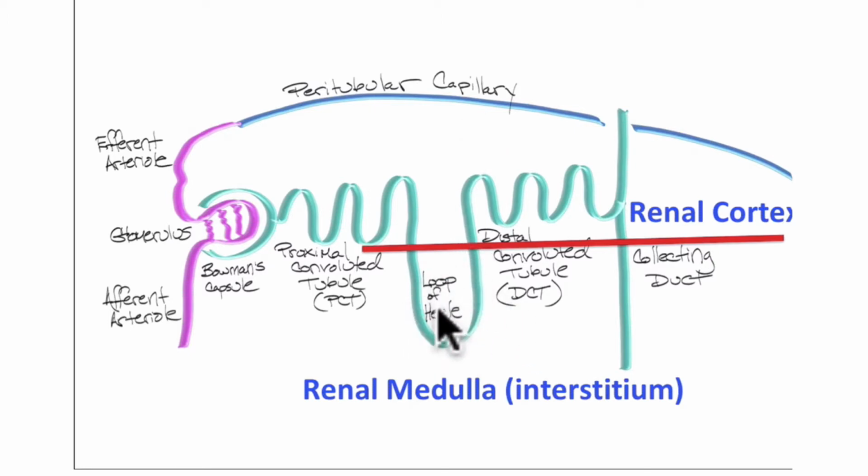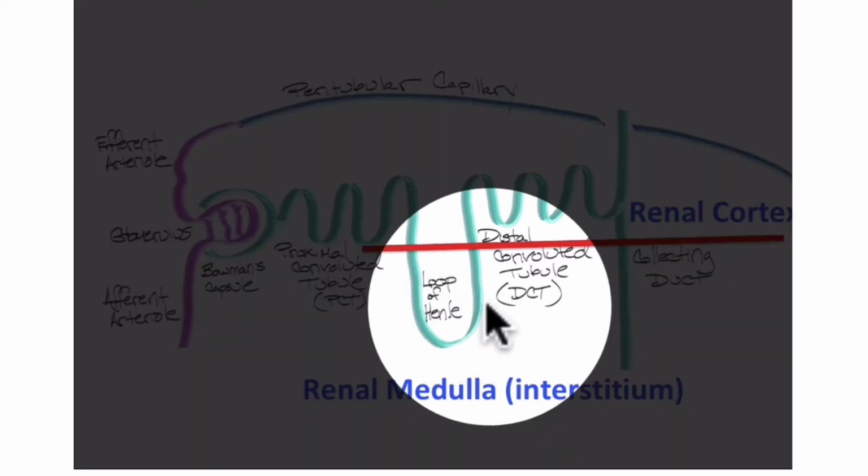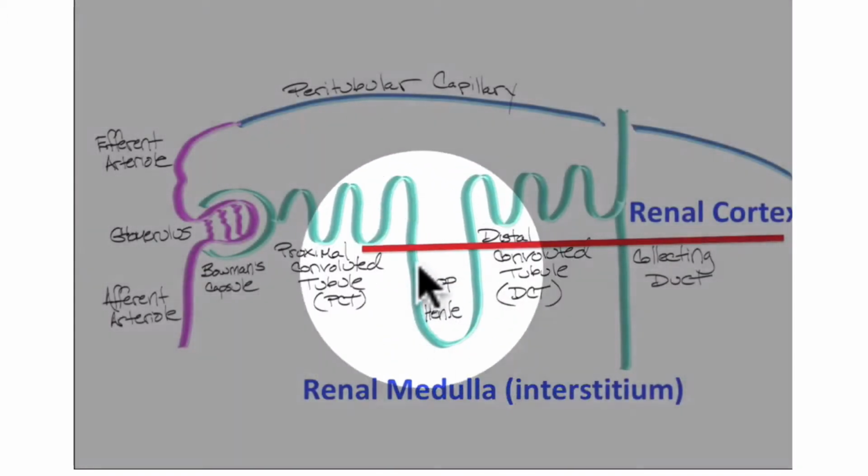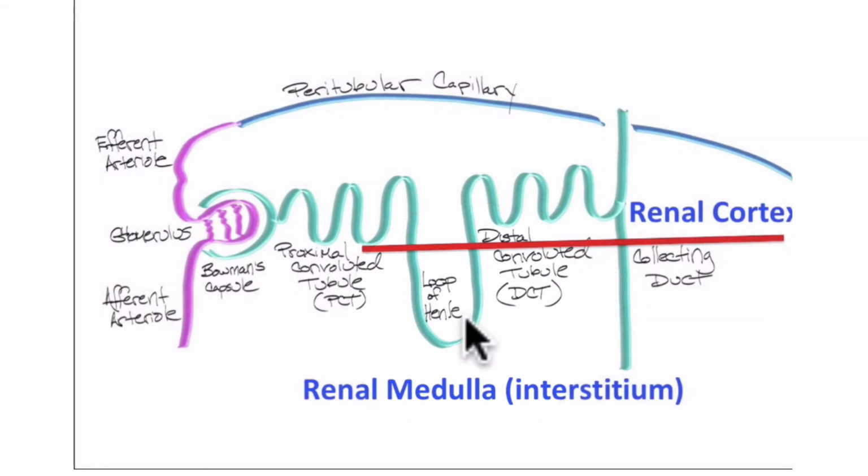And the activity of the countercurrent multiplier system occurs with the loop of Henle and in an associated blood vessel known as the vasa recta, which we will talk about. But it is both spatially and functionally related to the collecting duct that we see over here. We're going to create the hyperosmotic renal medulla in this whole area, which will allow for the reabsorption of water from the collecting duct when needed.